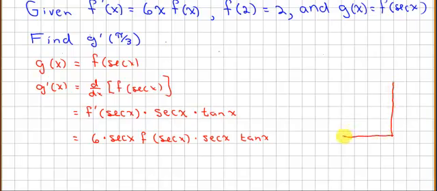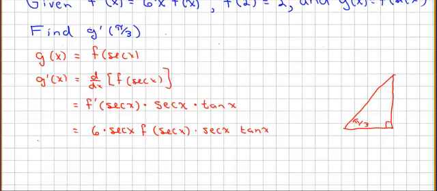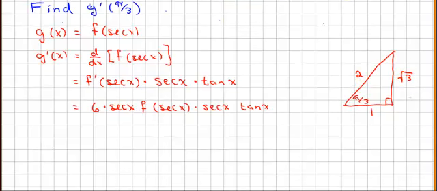All right, and now we have to remember, if we think of a right triangle with one angle being pi over 3, because that's what we'll have here, the sides are in the ratio of 1 to square root of 3. So let's take a look. If I find g prime of pi over 3, I'm going to have to take each instance of x and replace it with pi over 3.